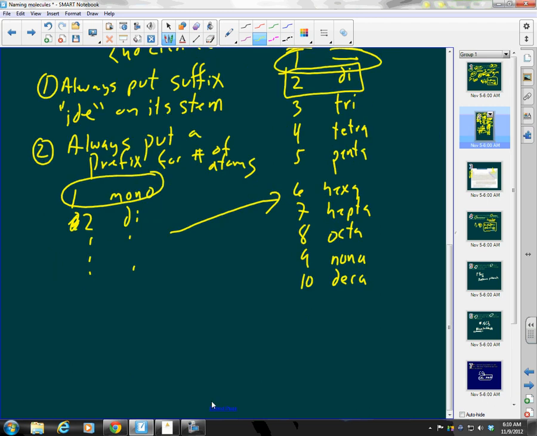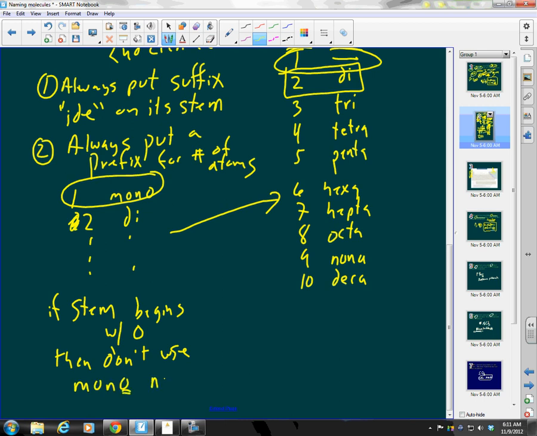If the stem begins with O, such as oxygen, then don't use your mono, just use mon.